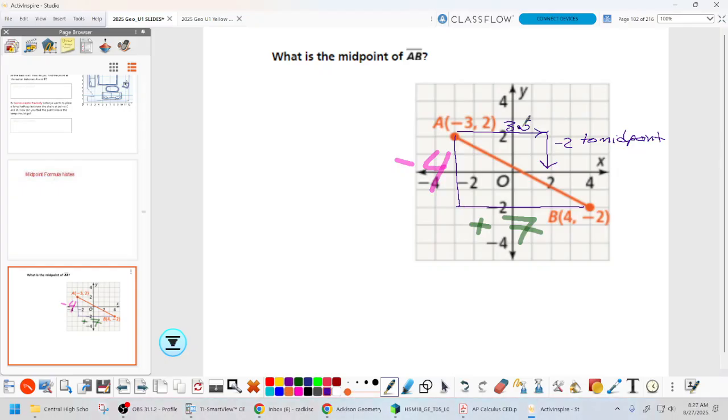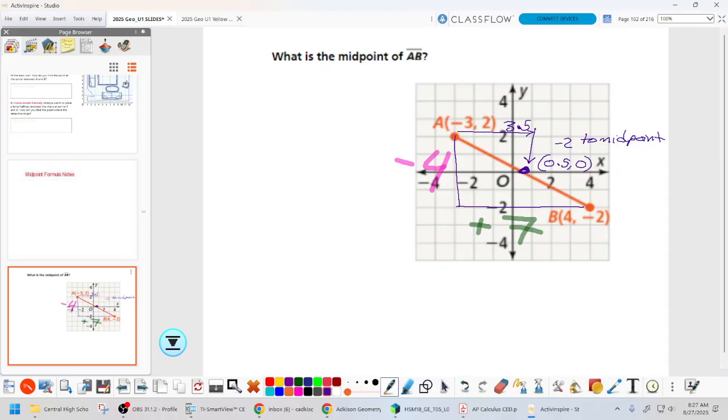And so what coordinate from A at -3, what coordinate is 3.5 to the right? 0.5. So our midpoint would be right here. Now my arrows are off a little, but that's the concept. So 3.5 over and 2 down gets us to 0.5 and 0. So graphically, it's not bad. You can just think through it.